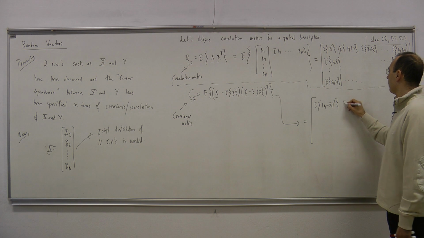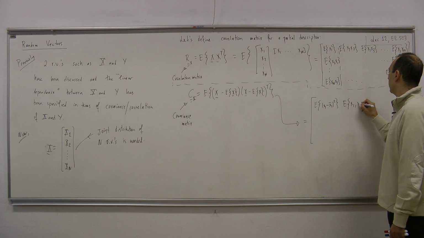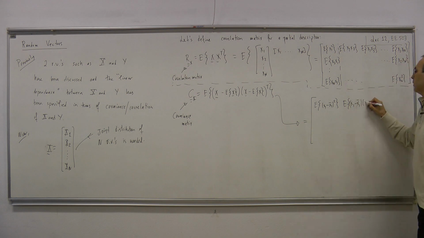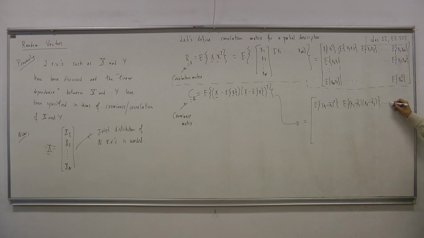The second entry is expected value of x1 minus the mean of the first random variable, times x2 minus its mean. And the last one is the expected value of x1 minus x1 mean times xn minus its mean; let me write it like this then, covariance of x1 comma xn.